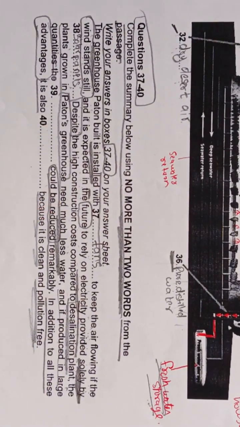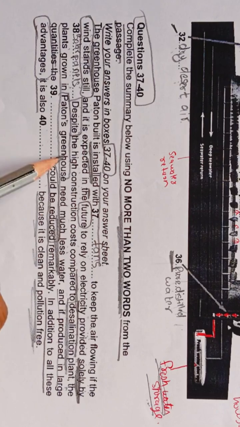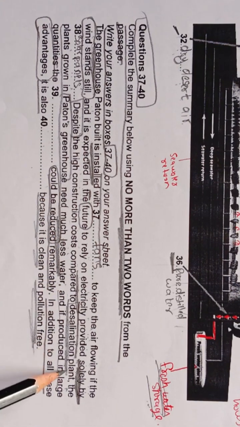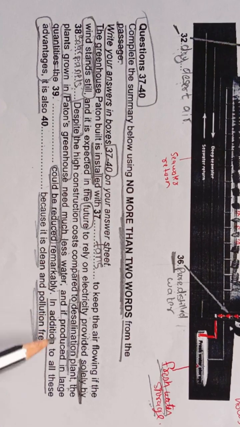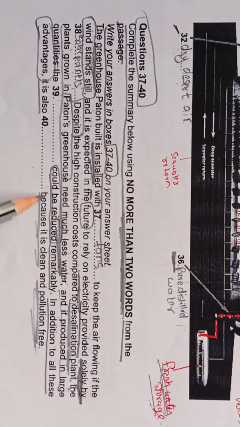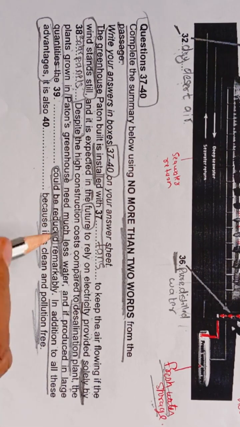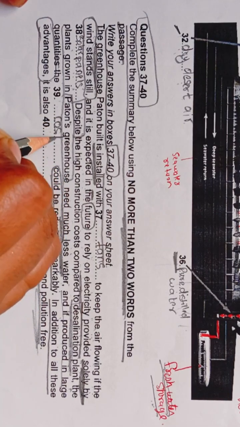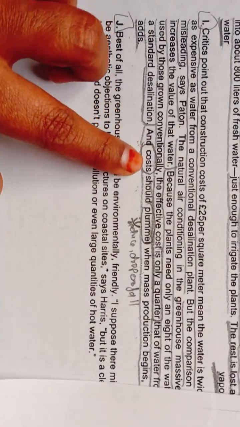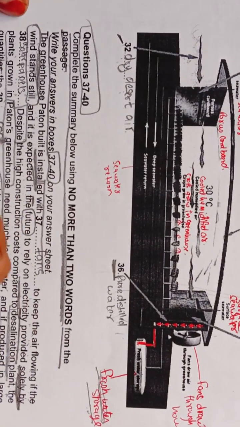Despite the high construction cost compared to the desalination plant, the plants grown in Patton's greenhouse need much less water, and if produced in large quantities, the dash would be reduced. The dash could be reduced means the cost would be reduced. Okay, COST, S. Okay, it is plural.